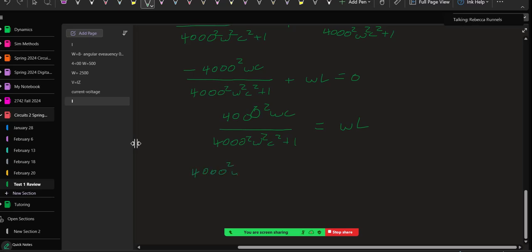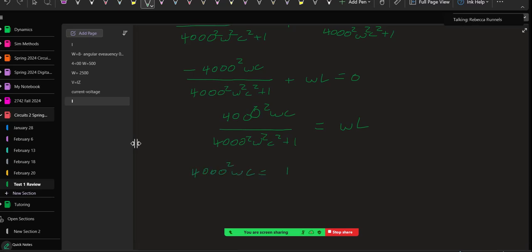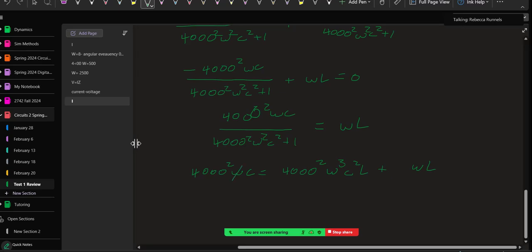4,000 squared omega C equals 4,000 squared omega cubed C squared L plus omega L, just multiplying both sides by that. You can cancel one omega out of everything.